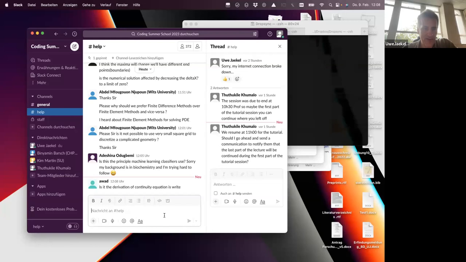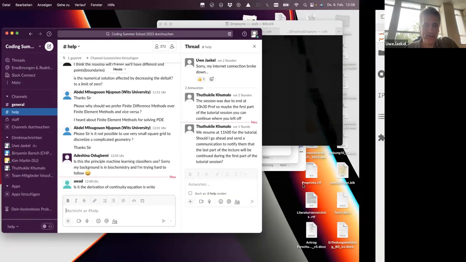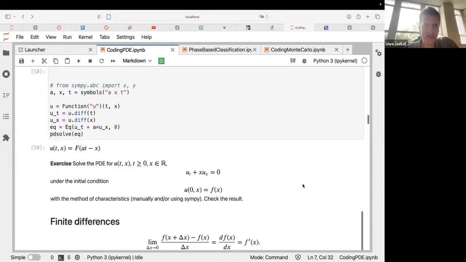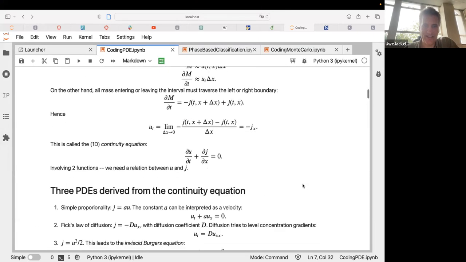Okay, then the question is the derivation of the continuity equation, right? I assume, do you see a mistake there? If you found something that is wrong, please let me know. Otherwise, I think it's mostly okay.